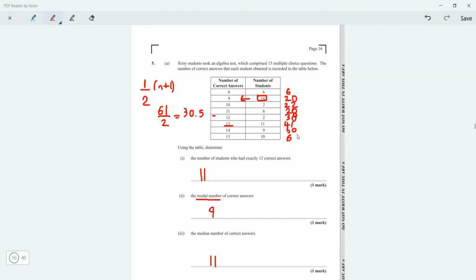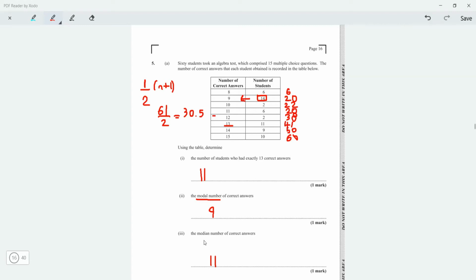So the median now would fall in between 30.5. If this is 20, this is 28 and this is 30, the median is right here, so we're at 41.